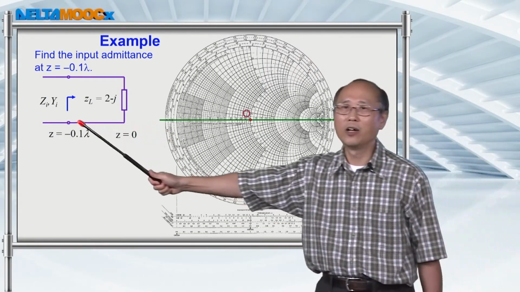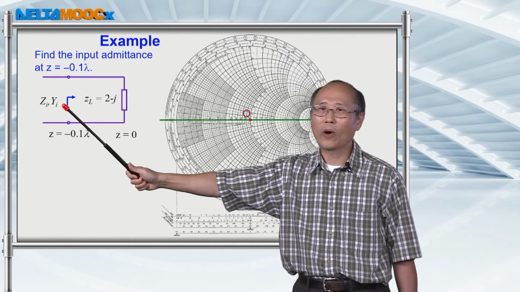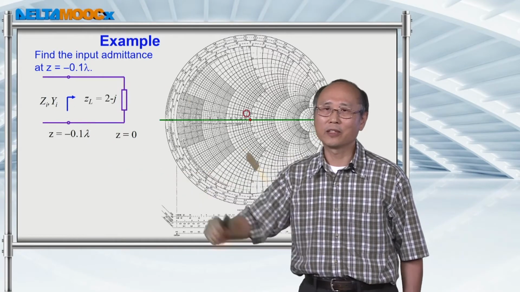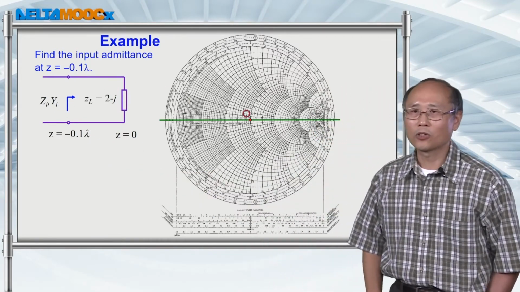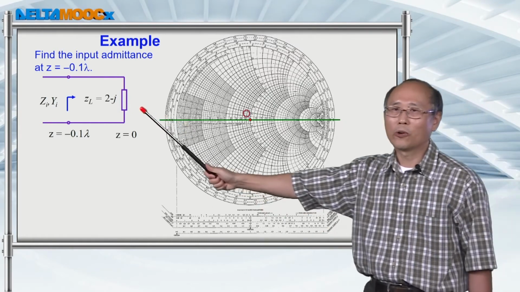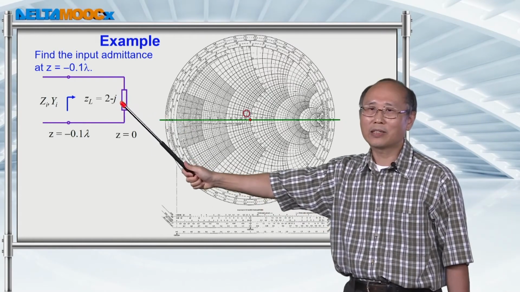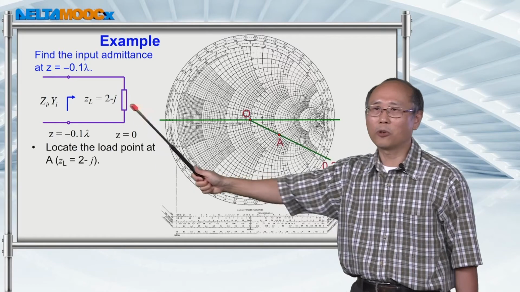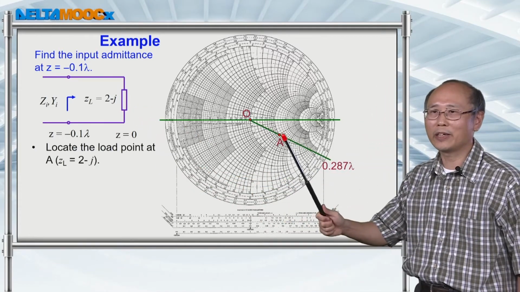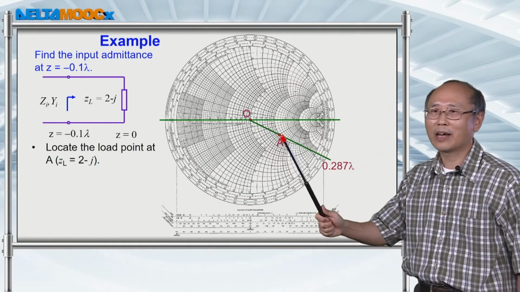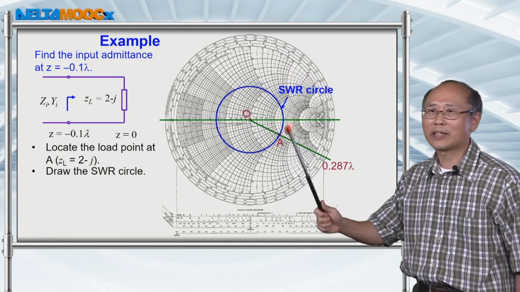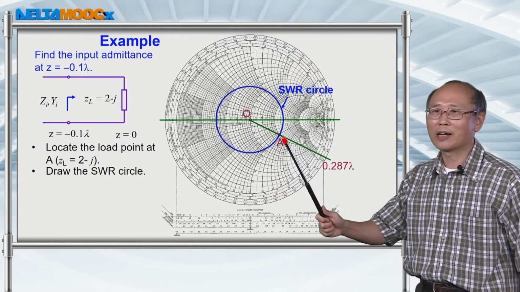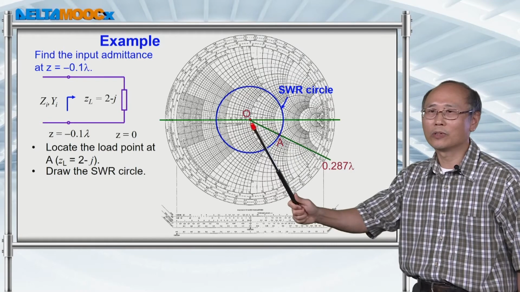We want to find out what the y_in, the input admittance, is. Previously we already located this load impedance point, which is right here, A, and then you can create a standing wave ratio circle with a radius equal to OA.